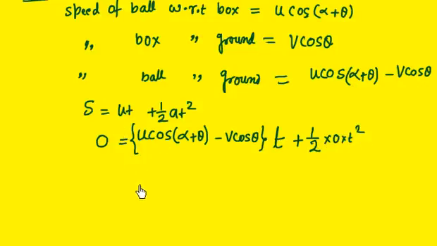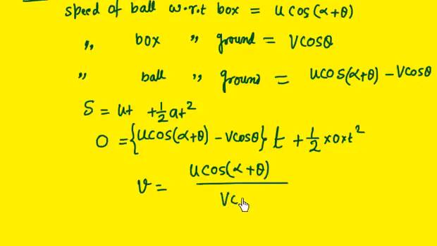So if I solve, we will have v equals u cos of alpha plus theta, divided by cos theta.